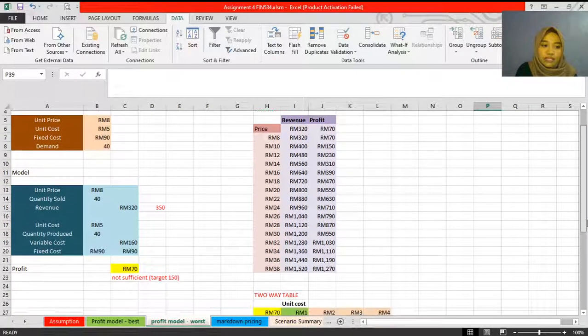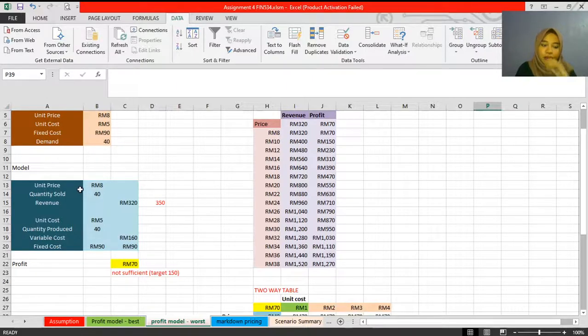For my model, my revenue is from unit price, which is 8 ringgit, multiplied by my quantity sold, which is 40 units, and then I got my revenue of 320 ringgit, which is not sufficient, as my target revenue is 350 ringgit.